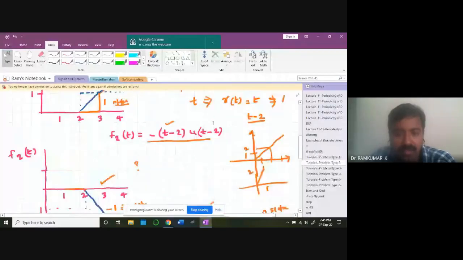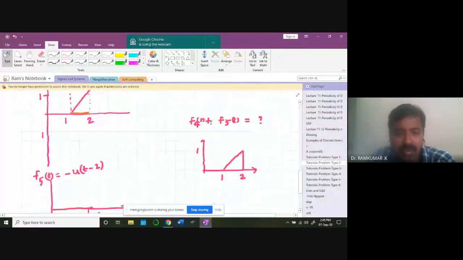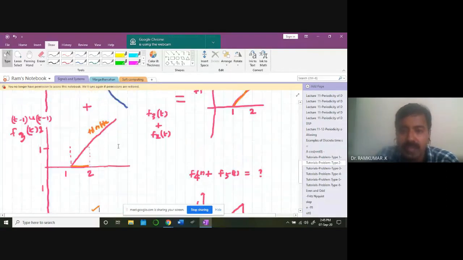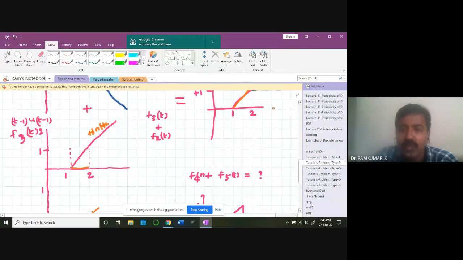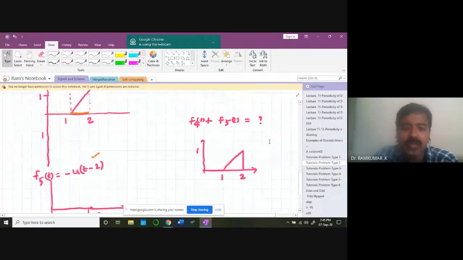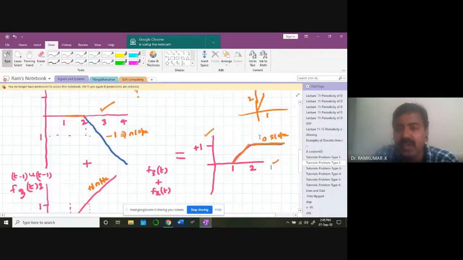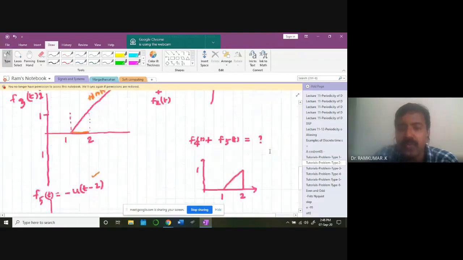Okay. Next problem. If I add minus u of t minus 2 with this waveform, what do I have? Then it's going to be a negative 1 here, and here you have a positive 1. Add these two, you're going to have 0 immediately at that point.